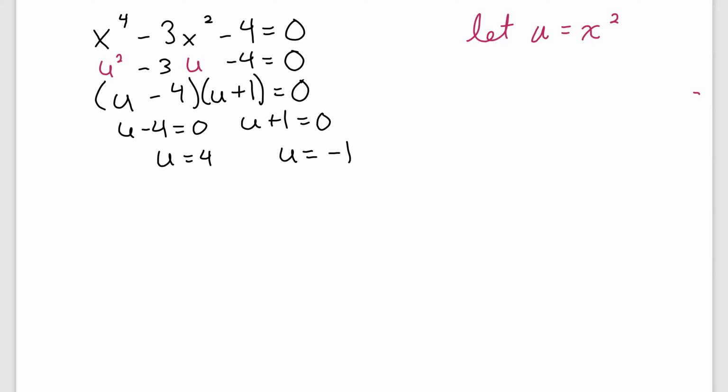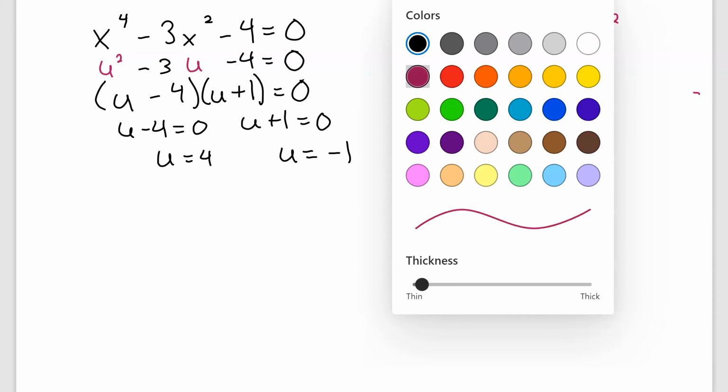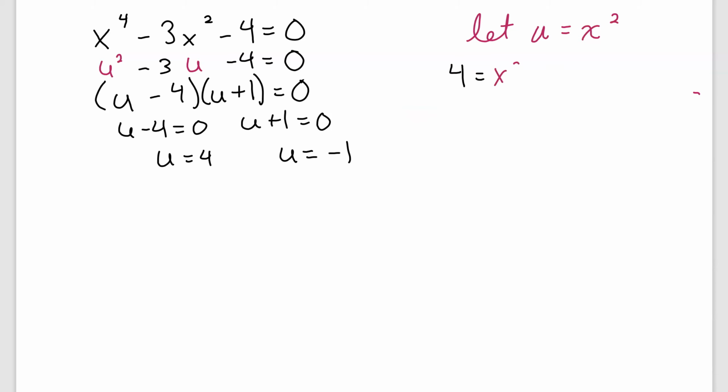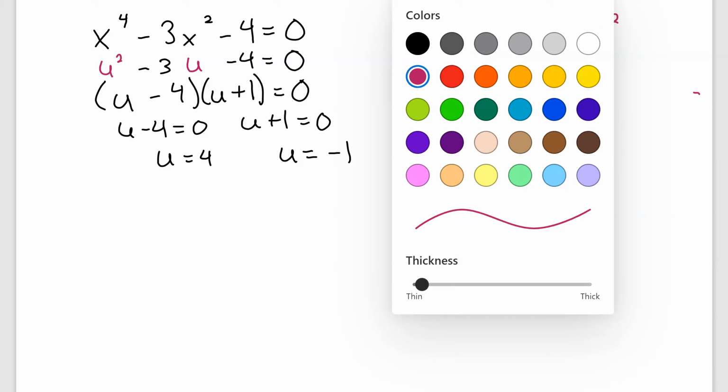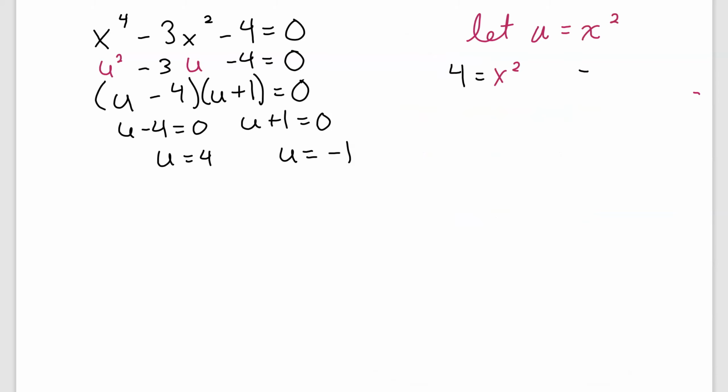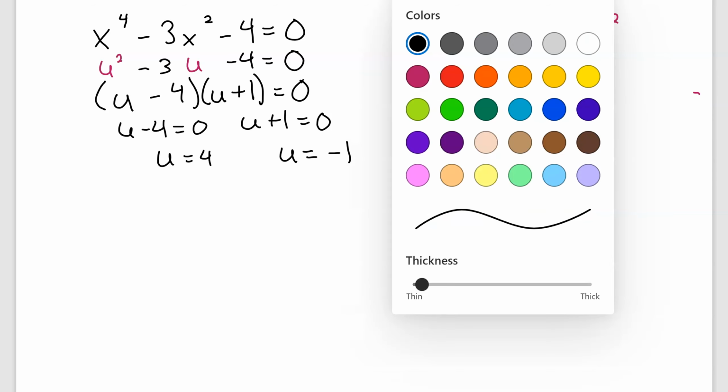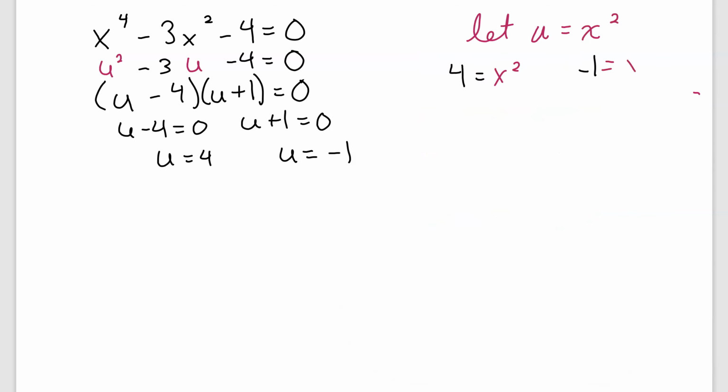Then I'm going to come back over and say 4 is equal to my x squared, and that my negative 1 is equal to my x squared.